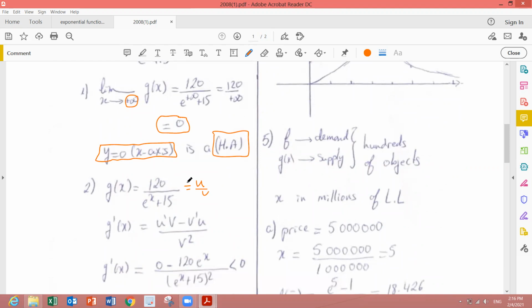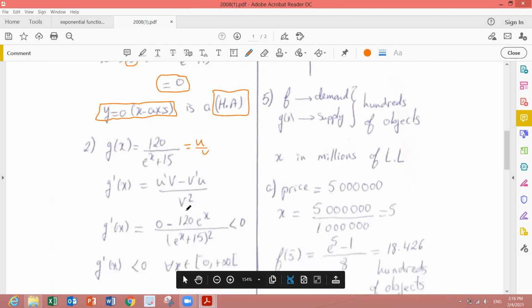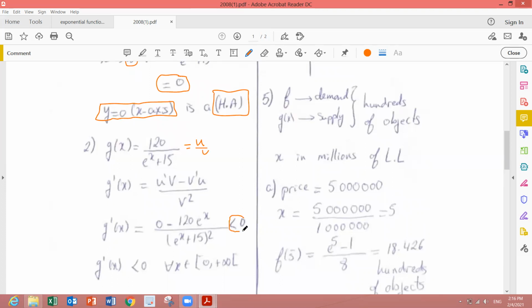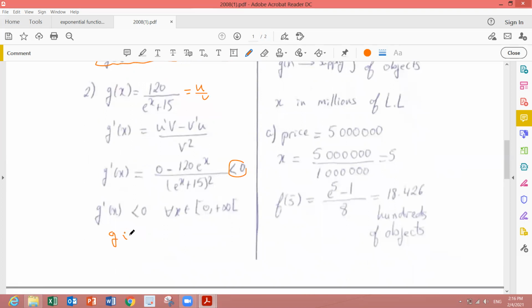U is 120, u prime is 0, minus v prime, derivative of e to the x plus 15 is e to the x, times 120, over (e to the x plus 15) square. E to the x is positive, multiplied by minus 120 is negative, so it is negative. So g prime of x is negative for every x belongs to 0 plus infinity, and g is decreasing.